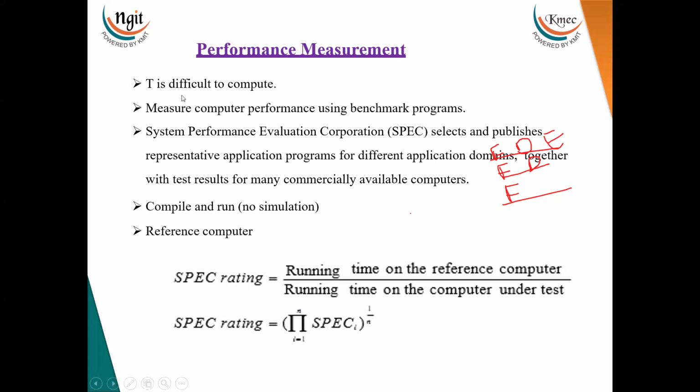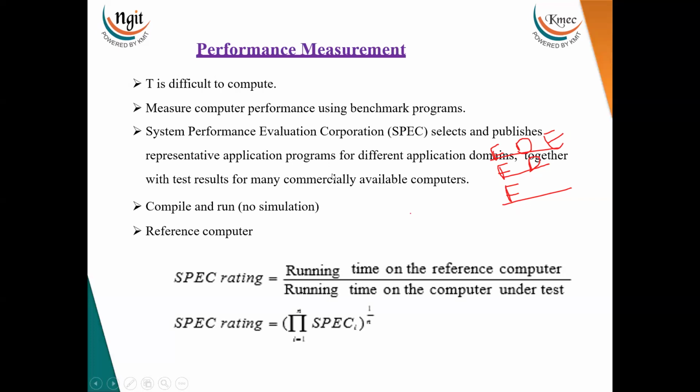So instead of measuring T, there is another method to measure the performance of the system, that is by running the benchmark programs. These benchmark programs are published by the SPEC. SPEC is the System Performance Evaluation Corporation, which publishes programs.